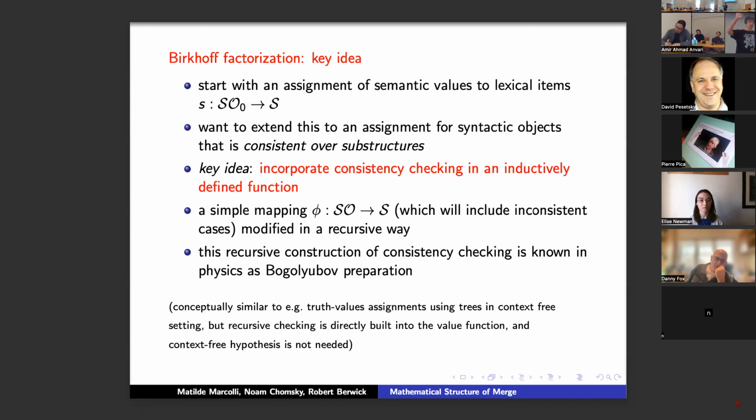So S is this very vague semantic space, and I want to start with something that at least assigns some points in this semantic space to the lexical items. If you take one of these vector space semantics that people use in computational linguistics, then you can say you have a vector attached to each of the lexical items, where the coordinates of that vector depend on occurrences of this word in some corpus.